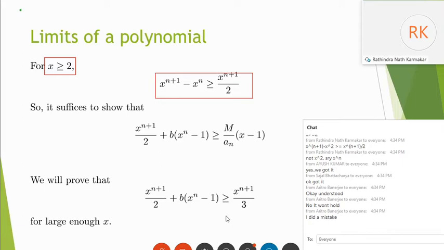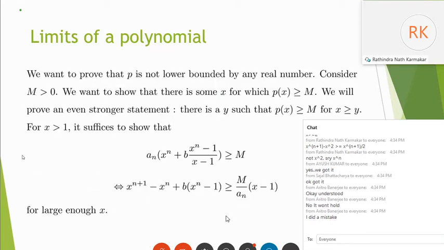So now, why did I do this? Why did I lower bound x^(n+1) minus x^n by x^(n+1) by 2? Because observe that then again it becomes much easier to deal with these expressions. If you go back to the previous slide, here we were dealing with this expression x^(n+1) minus x^n.